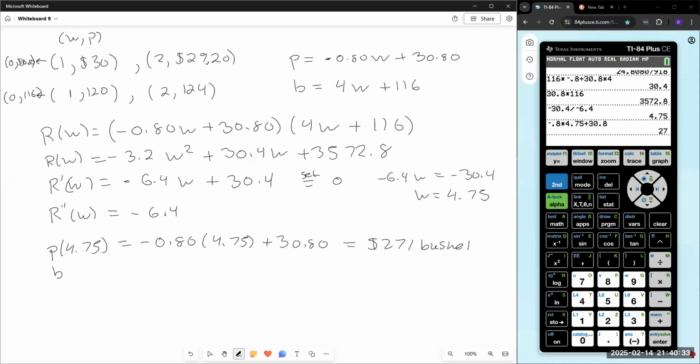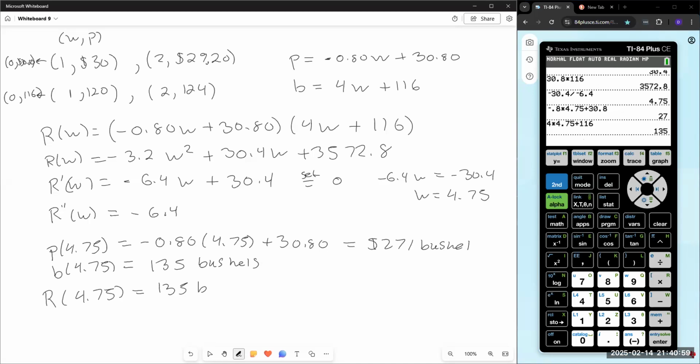Number of bushels that you'll get after 4.75 weeks is 4 times 4.75 plus 116, which will be 135 bushels, making my revenue that I generate at 4.75 weeks 135 bushels times $27 per bushel.